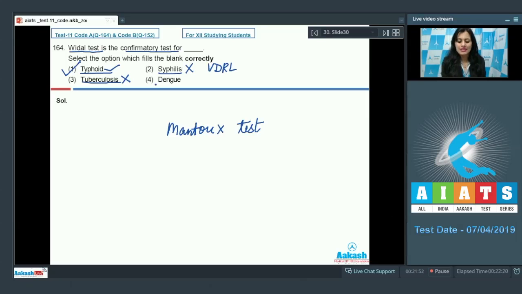And the last option given is dengue, and this cannot be a correct answer to our question because dengue is a viral disease and the diagnostic test for dengue is the tourniquet test. So the correct answer to this question is option number 1. Let's discuss our next question.